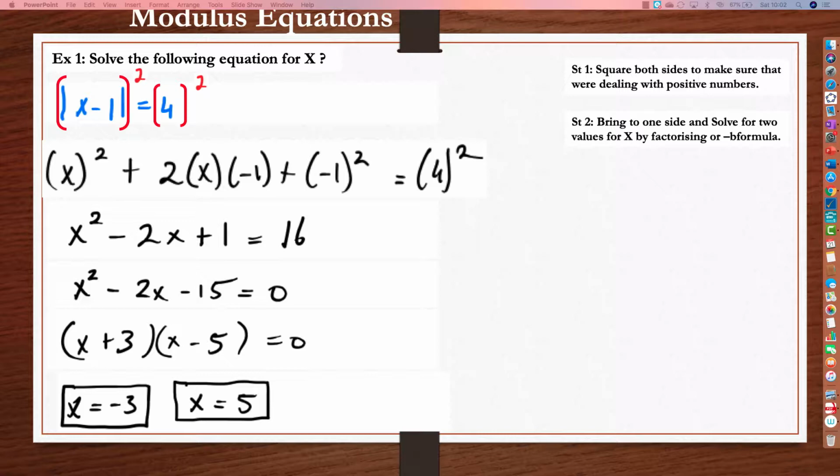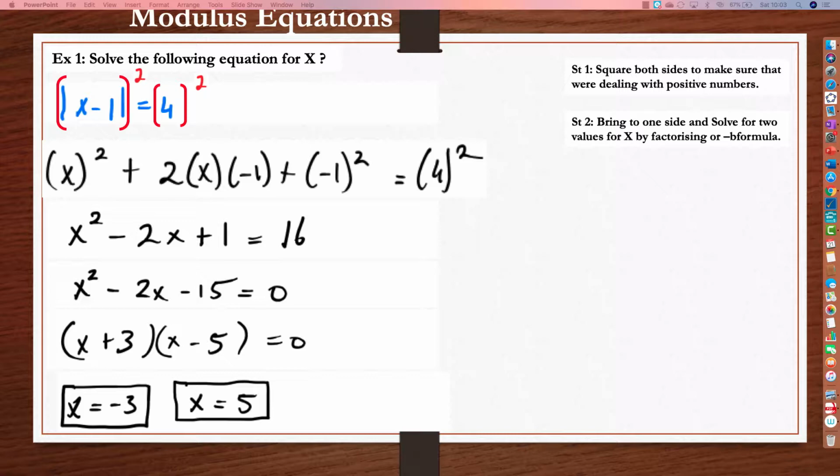Because if you take this out here, x minus 1 is equal to, say, plus 4 the first time, then x is equal to 4 plus 1, x is equal to 5. Or if x minus 1 is equal to minus 4, x is equal to minus 4 plus 1, x is equal to minus 3. There's your two answers. The reason we learn how to do it this way is we can have a modulus on this side and a modulus on that side, and these obviously get a lot harder. Is that alright?